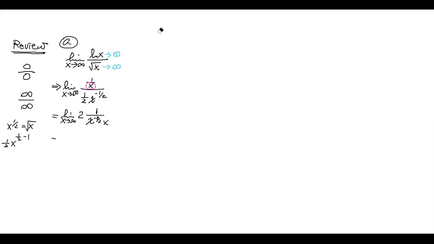This will be the limit as x approaches infinity. Maybe I will rewrite this one, since it's not very clear: this is negative 1/2, and x times 1/2 becomes x to the 1/2. Now the denominator approaches infinity.